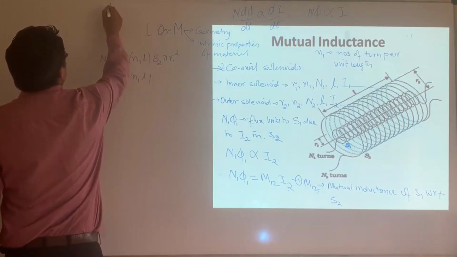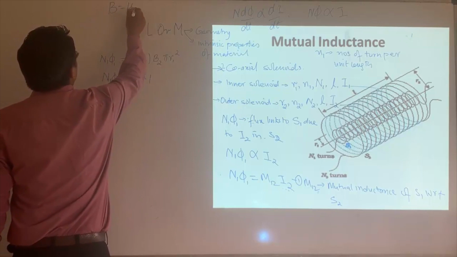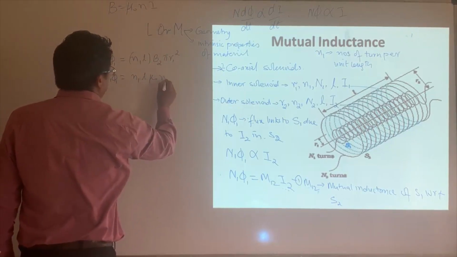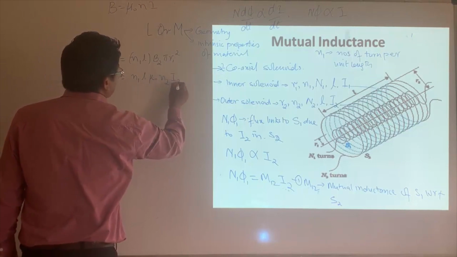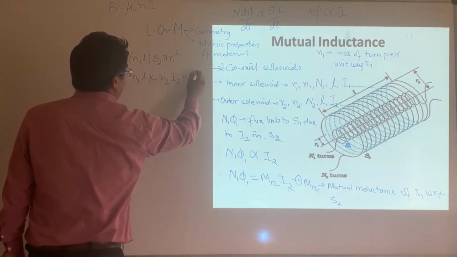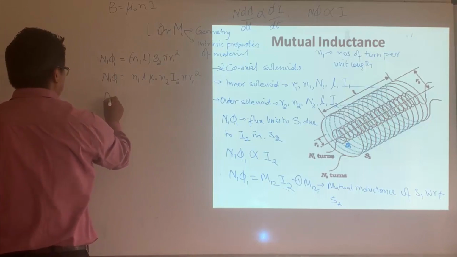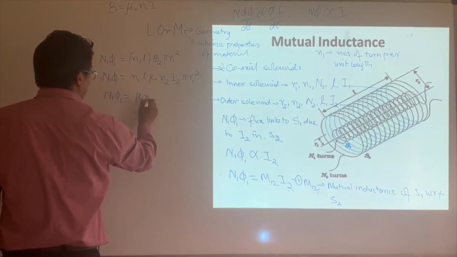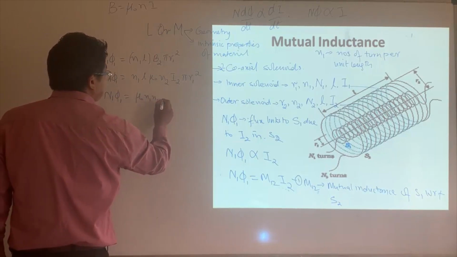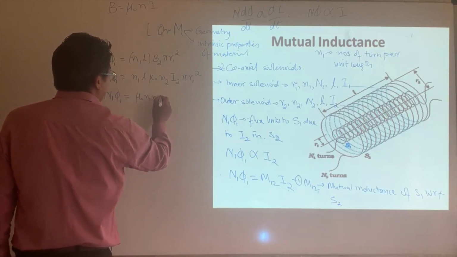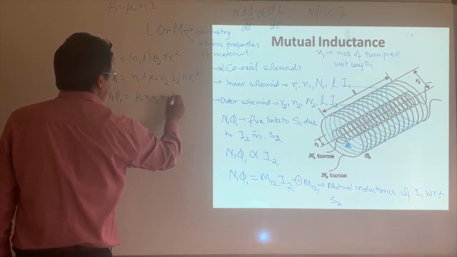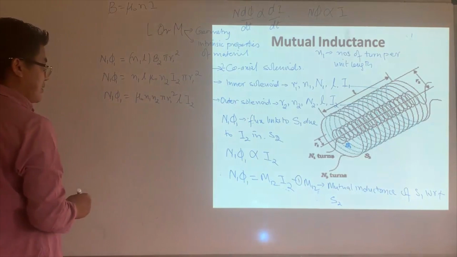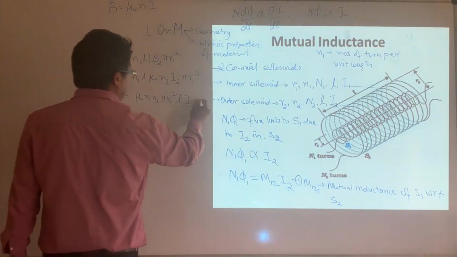We know for a solenoid B is equal to mu naught N I. So therefore mu naught N2 I2 pi R1 square, and I get N1 N2 pi R1 square L I2. So this is equation number 2.